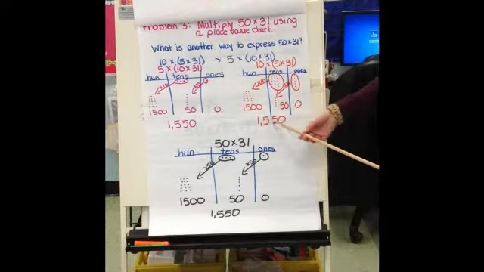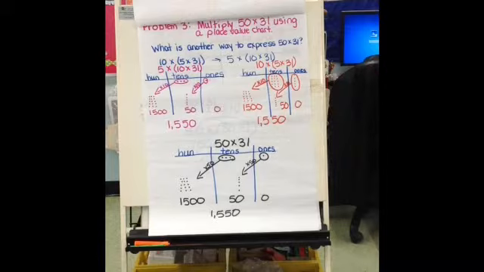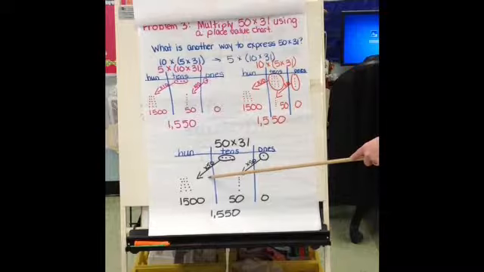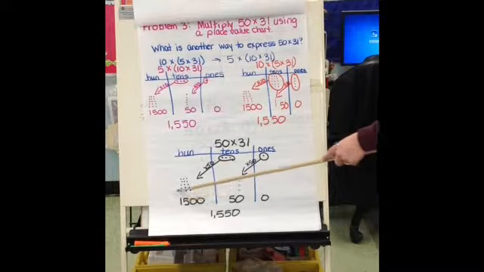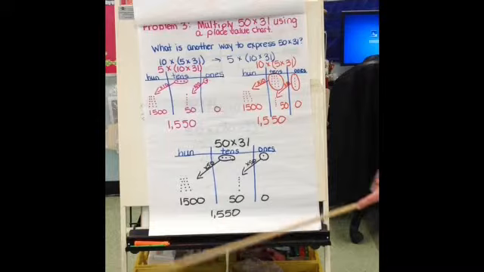I still get 1,550 as my product. 50 times 31. My 3 tens, my 1 1, that gives me 31 times 50. Well, 1 times 50 is 50, so I have 5 tens. 3 tens times 50, well 3 times 5 is 15, 15 hundreds. I still have 1,550.